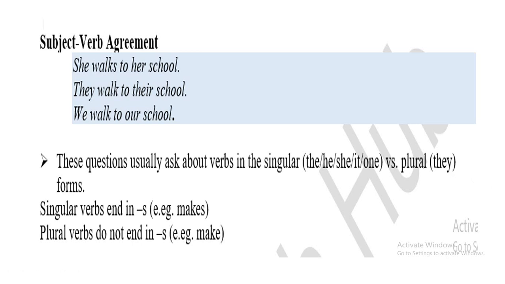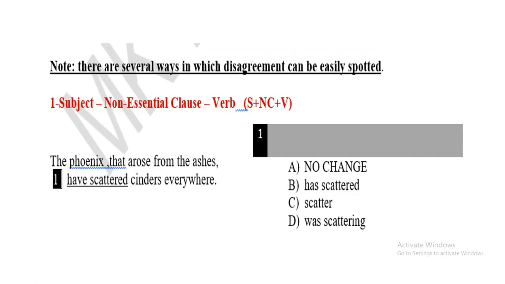Okay, we have 16 problem areas, or 16 topics related to subject-verb agreement, that the SAT test usually checks your understanding of.